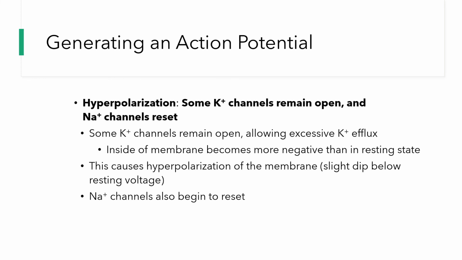Okay, so we will have an excess of potassium leaving the cell, which makes the inside of the membrane more negative than before, and that causes the hyperpolarization, so that means more negative. It will dip below the normal resting membrane potential, but it will eventually get back to resting membrane potential. At this point, the sodium channels again begin to reset.